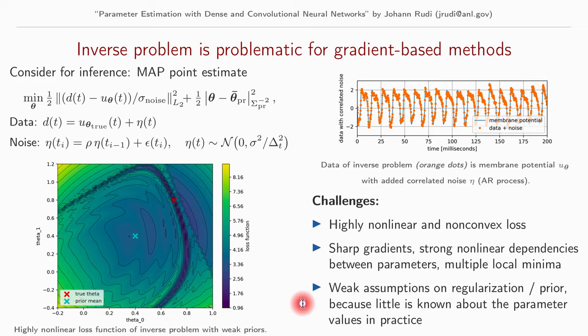The prior assumptions are actually fairly weak, and we are confronted with loss functions that are highly nonlinear. They can be non-convex, they can have sharp gradients, nonlinear dependencies, and multiple local minima. So for example, this loss function has this valley, which is the dependence between theta 0 and theta 1, and it's also nonlinear because it's having this unusual curved shape.